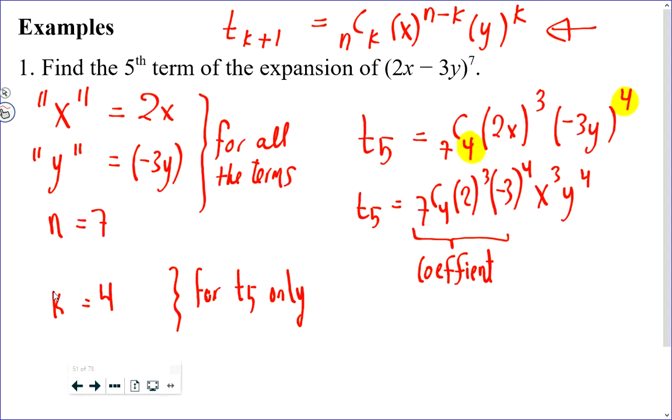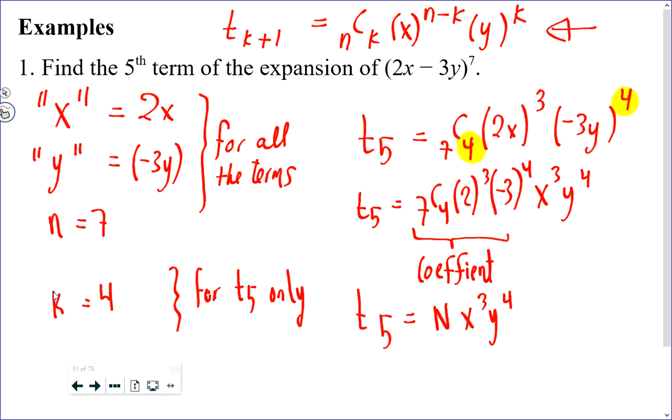Similarly, negative 3 times y, quantity to the 4, means negative 3 to the 4 and y to the 4. So what I've done there is I've just moved the negative 3 to the 4 out in front. So what we're going to get here for an answer for t sub 5 is some numerical coefficient times x cubed times y to the 4.